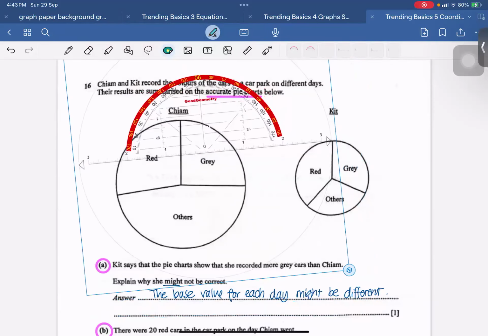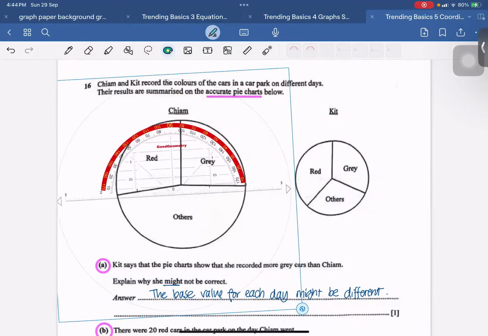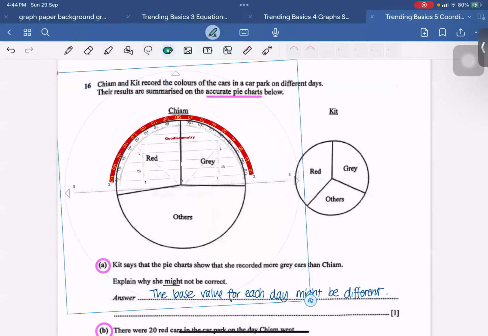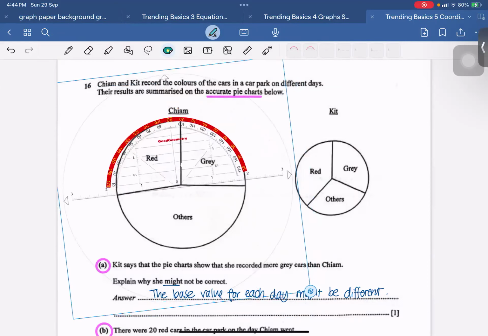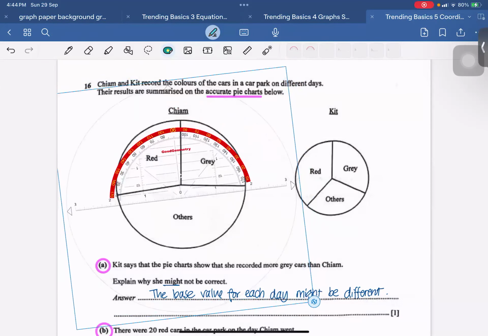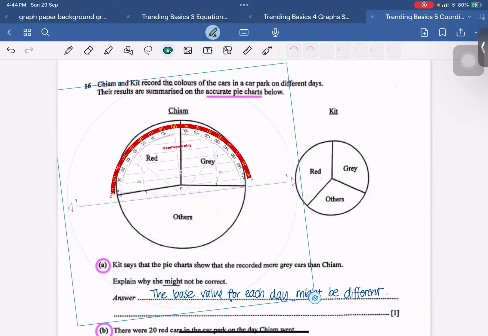Let me try how to measure this. You use the protractor that you have with you and measure. Not accurate, let me try this again.